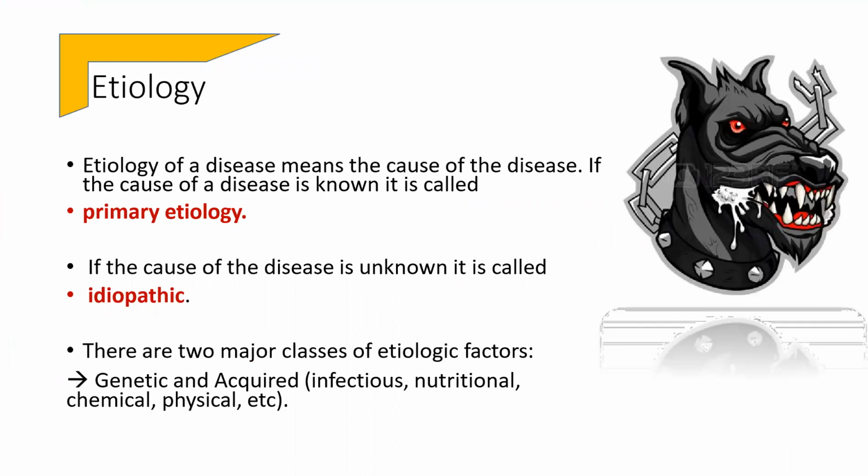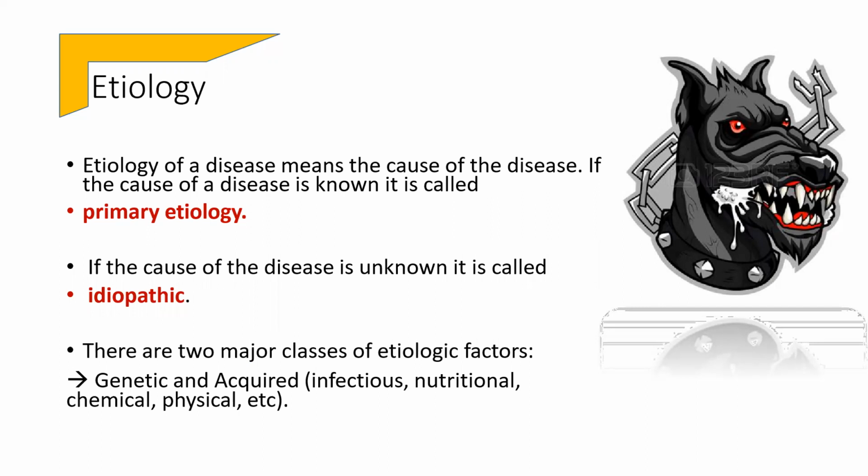Okay. So, what is the etiology of disease? We divide the etiology of the disease into two parts. Etiology of disease means what is the cause of the disease? If the cause of the disease is known, that is called primary etiology.